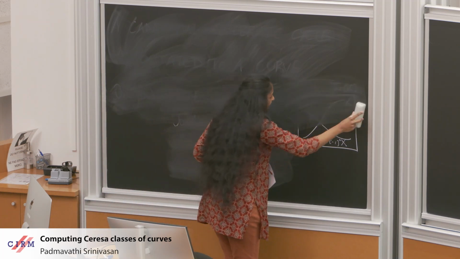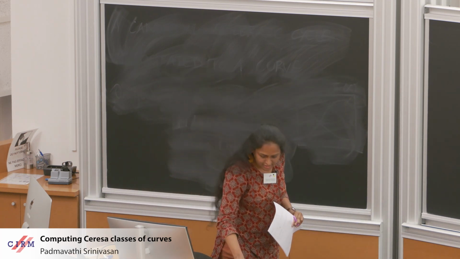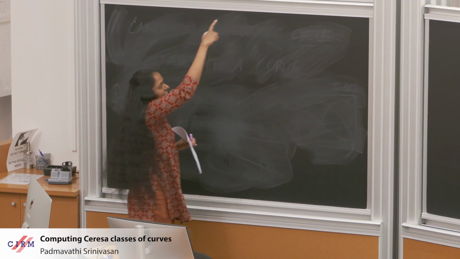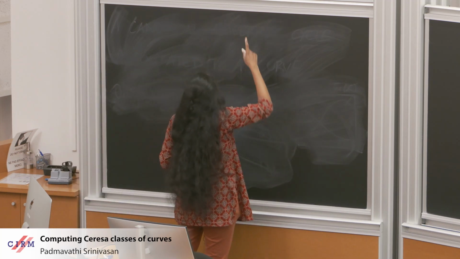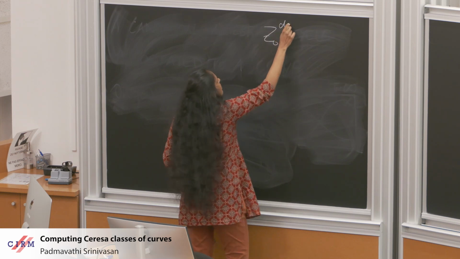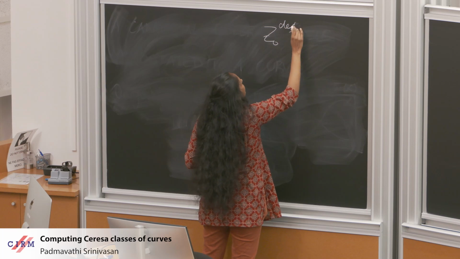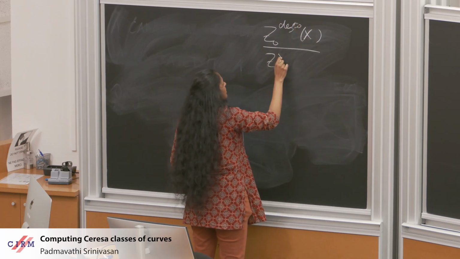I'll draw this picture again. So how do we know that this is actually a manageable group? The Abel-Jacobi theorem tells us that in the case of points and curves, this group, at least over the complex numbers, is something you can understand using integration.